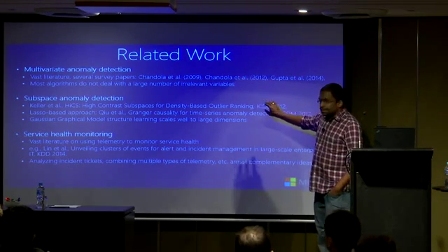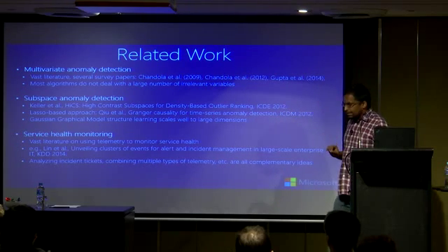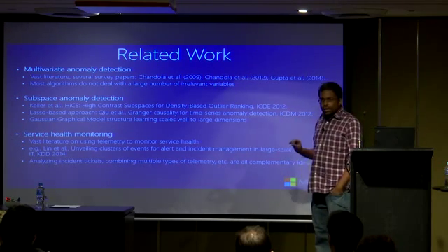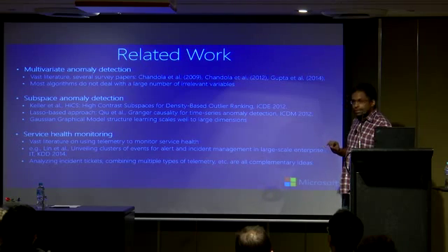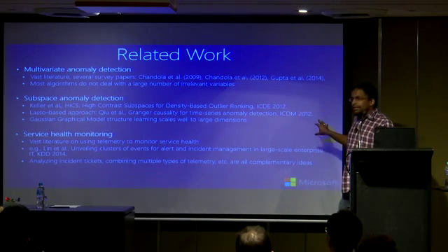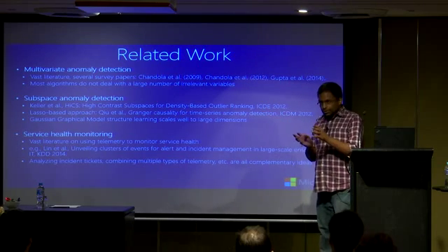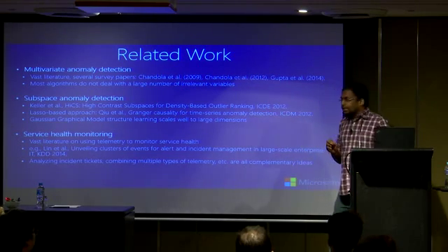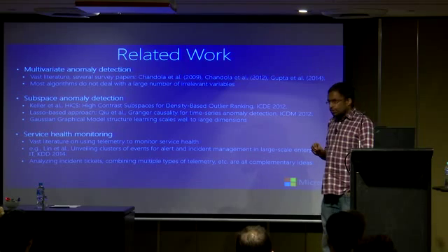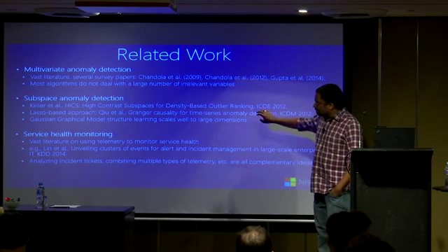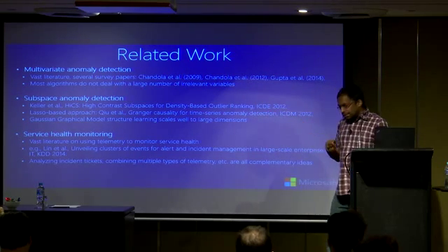Now, one very interesting subtopic within the literature that's directly relevant to our work is subspace anomaly detection. As I'll explain later, we will end up using something called a Gaussian graphical model in order to automatically identify the subset of variables that are involved in an issue. The reason we went with that approach is because it scales very well.